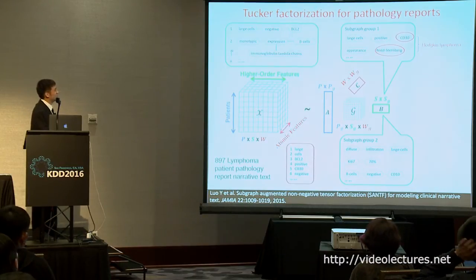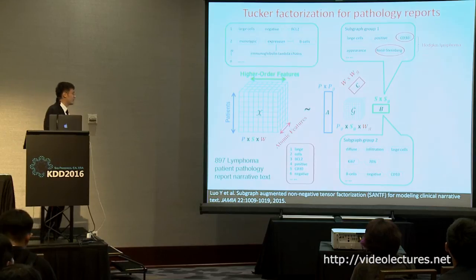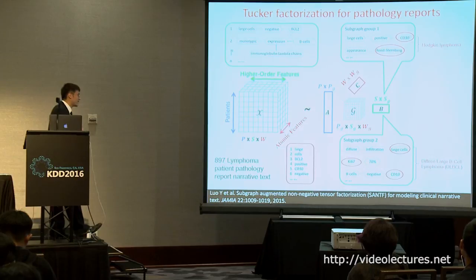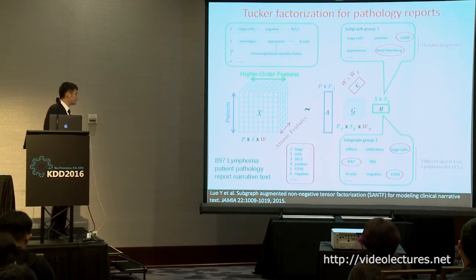For example, subgroup 1 is about CD13, which I think is a lab test, and they also have a symptom, Reed-Sternberg appearance. For subgroup 1, they think it is Hodgkin lymphoma. And for subgroup 2, because they have large cells, CD10, and Ki-67, they think it is diffuse large B-cell lymphoma.